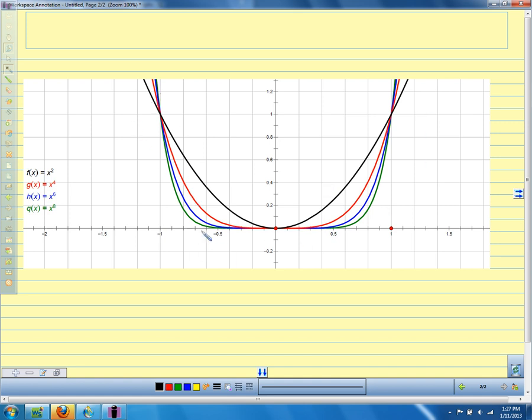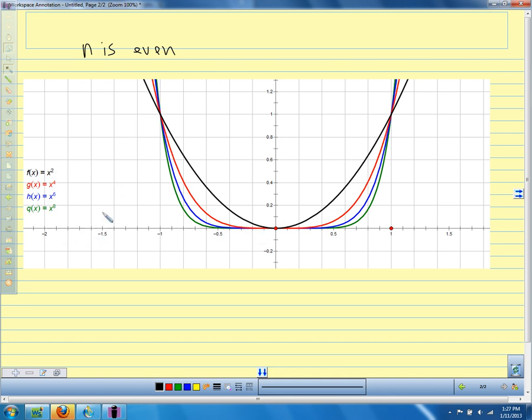So these power functions flatten out as the power gets higher, but they all look more or less like parabolas. So for all of these, n is even. And what we're looking at here is that our graphs flatten out as the powers get higher.